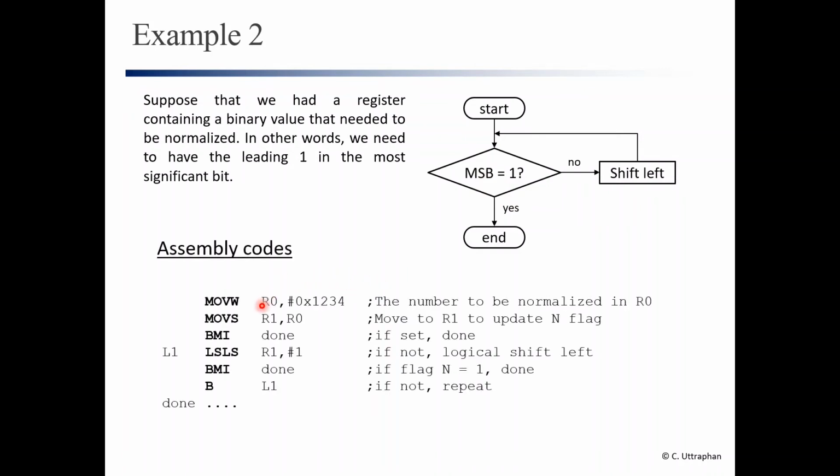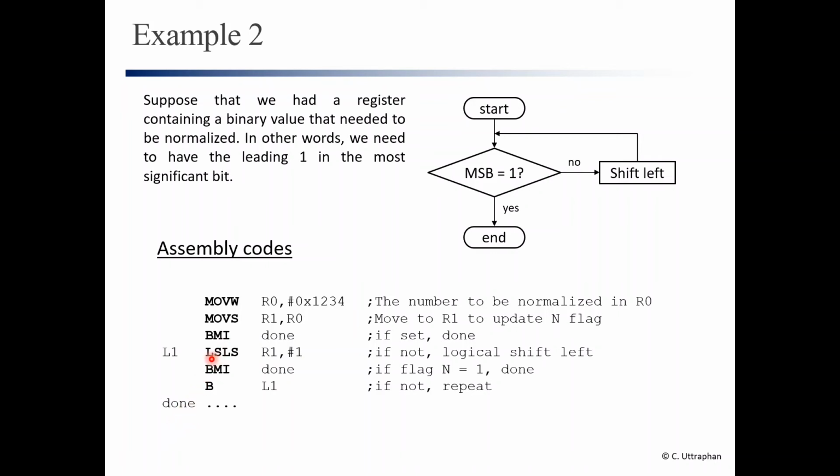And here is the assembly program. We use hex 1234 as the data to be checked. We use MOVS here, from R0 to R1, such that the condition flag is updated. In this case, we test the N flag by using the BMI instruction. If N equals 1, meaning the condition is true, then we will jump to the done label.